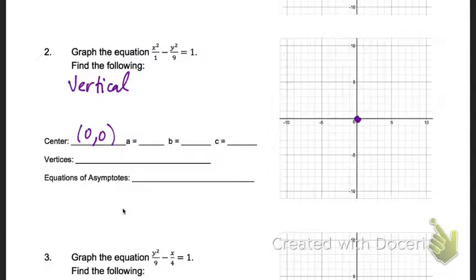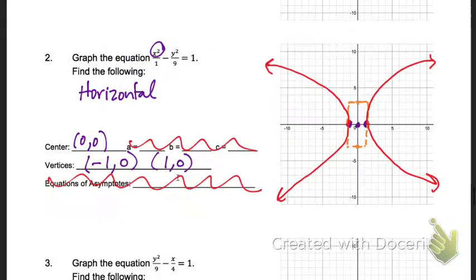Did I draw the last one wrong? No, you said it was horizontal. Hold on. So the length of the transverse axis would be what? The distance from the vertices is 2.